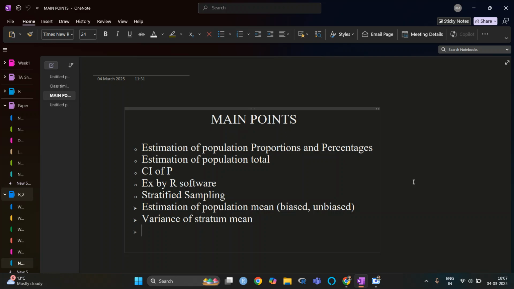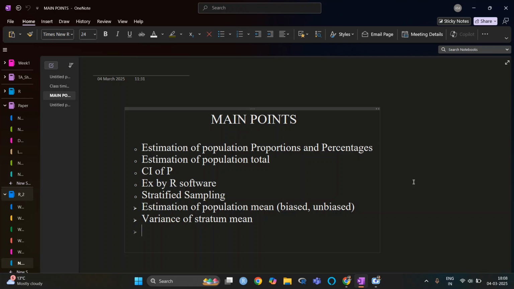Till now we have seen it for the average, so right now we will see it for the population total. Then we will see the confidence interval of that probability. After that we will go through the examples in the software.